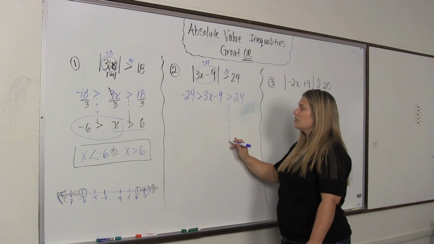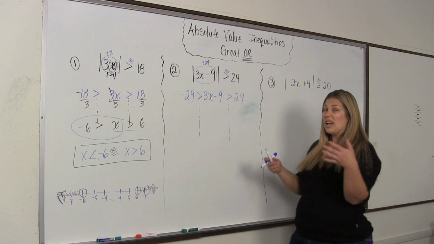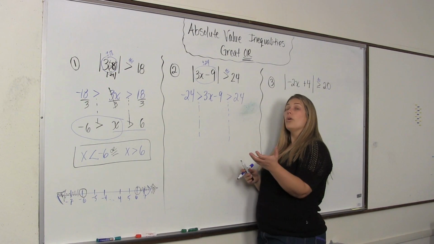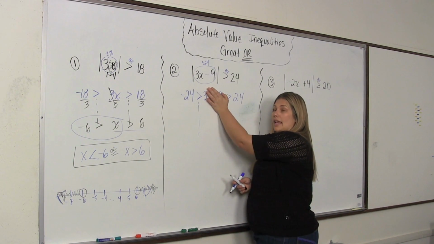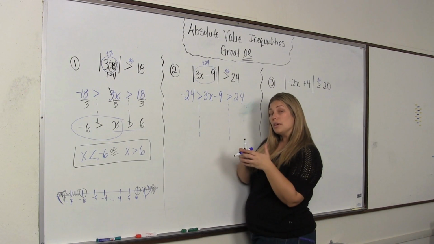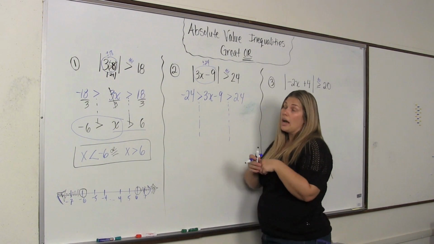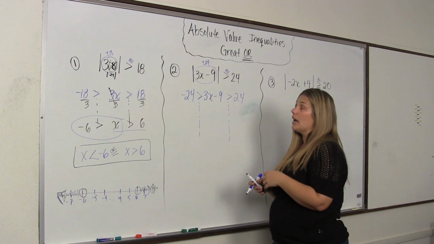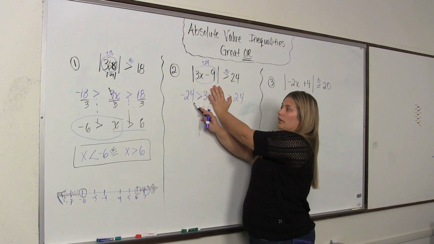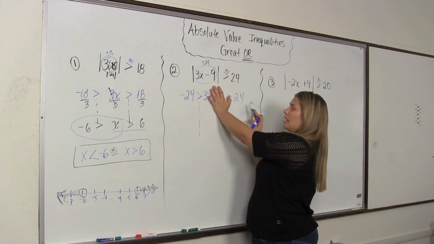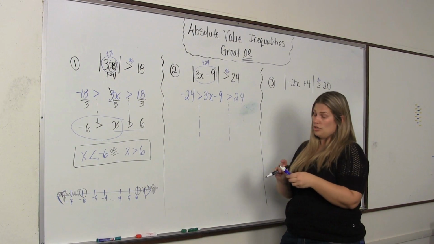And I'm just going to start solving this inequality. To know whether it's going to become an "and" or an "or," remember I just need to cover up what's in the middle. In order to come together and be in the middle, it should be true. If it's not true, I need to separate them and it's going to become an "or." So in this problem, it's saying negative 24 is bigger than a positive 24, which is actually not true.